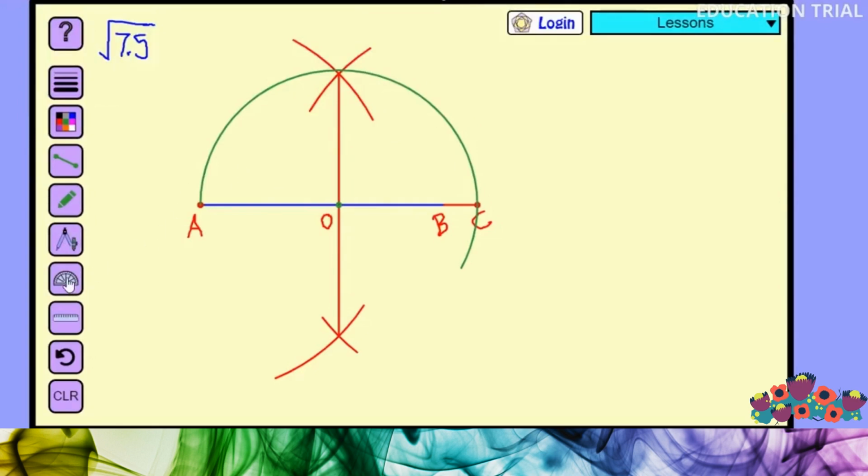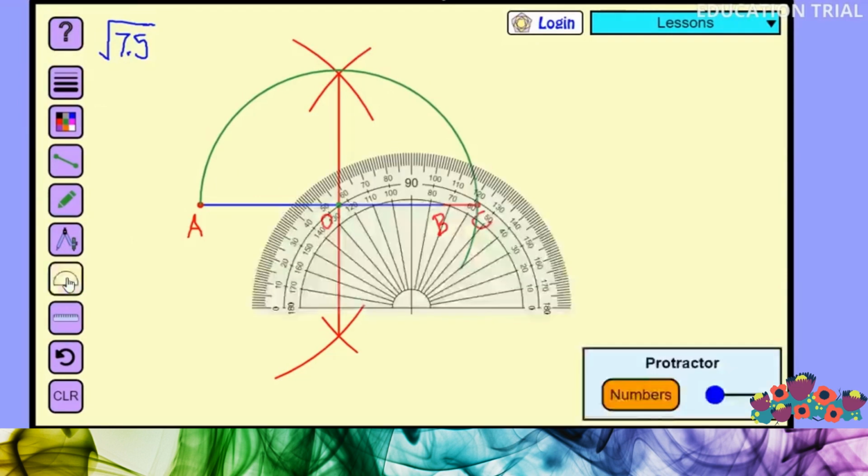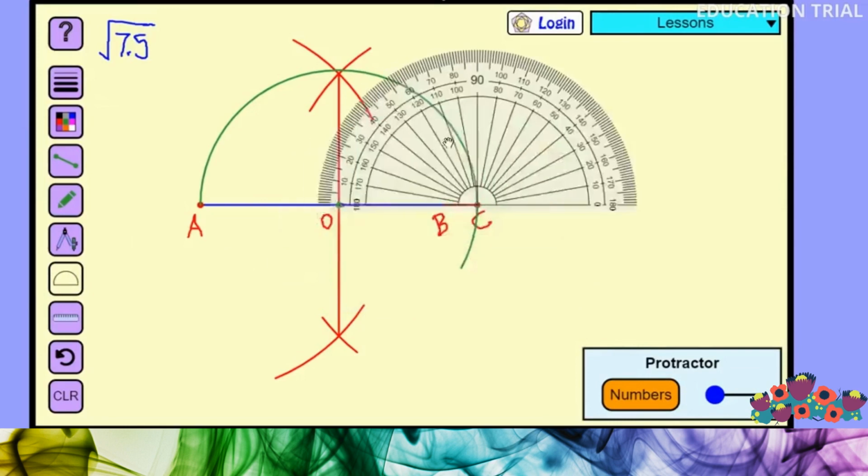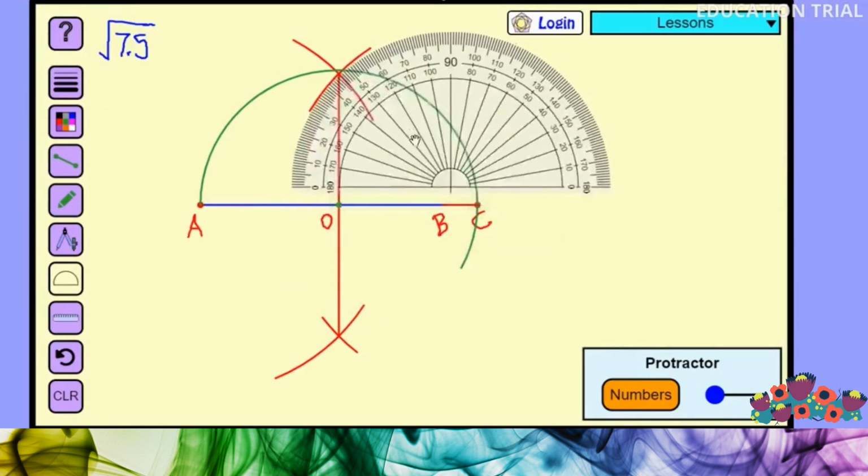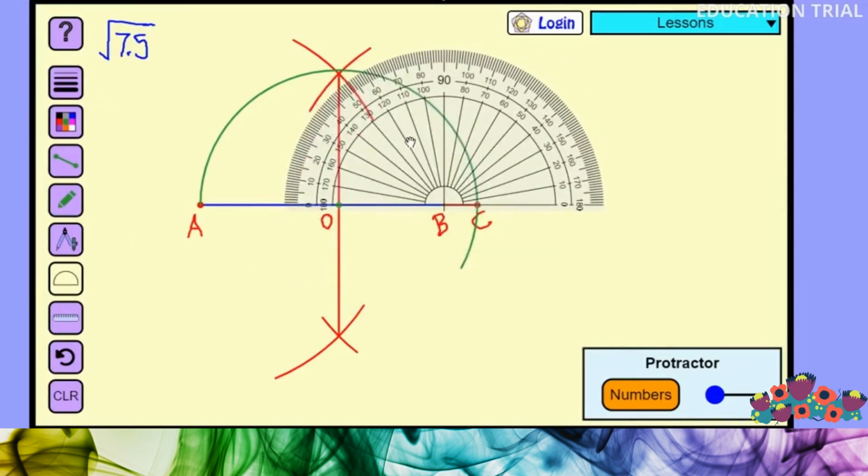Next, I want to take my protractor and I am placing this protractor at the point where we have extended that line.